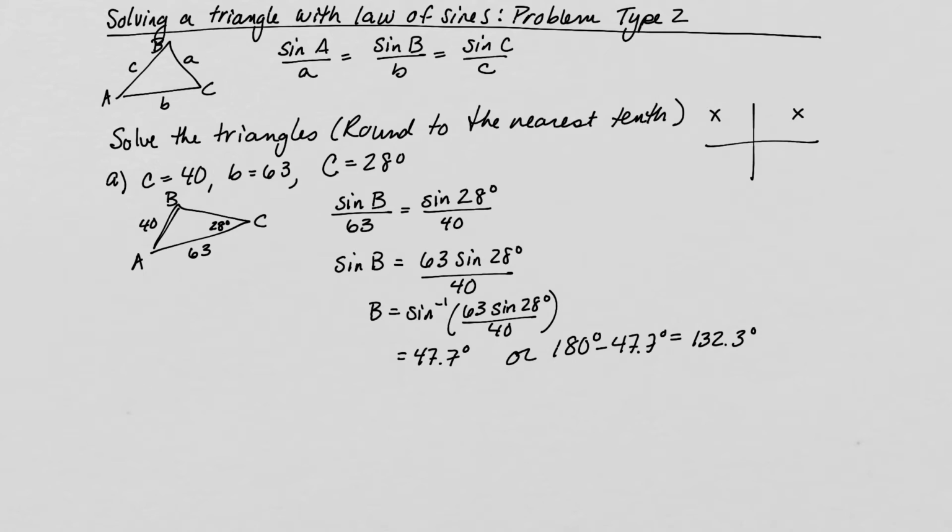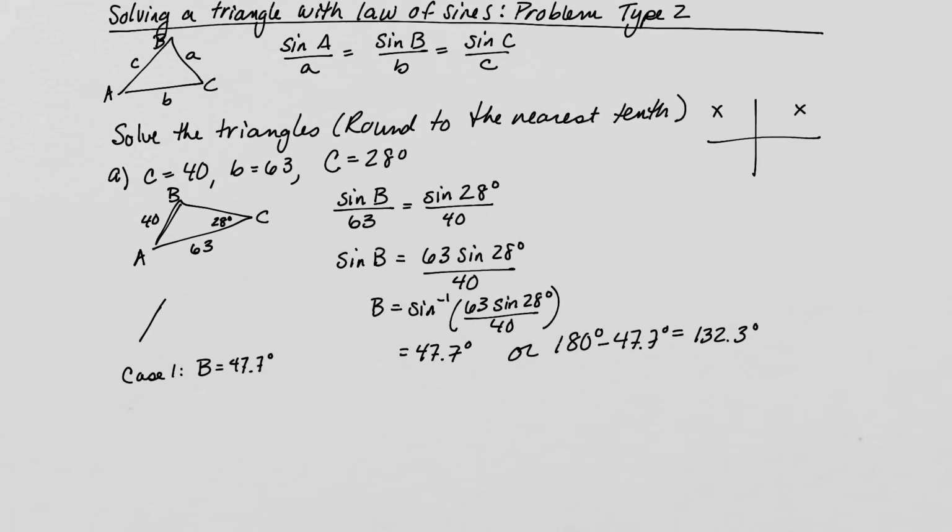So basically, when you use the law of sines to find an angle, you always get two cases. The first case, case 1, is that big B is equal to 47.7 degrees. If I draw a picture for case 1, I have the 28 degrees, B is 47.7, this side is 40, and this side is 63.